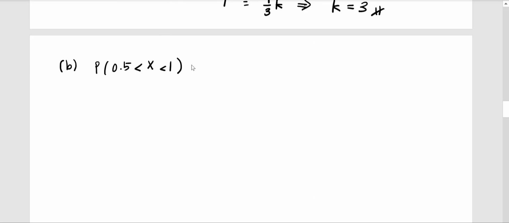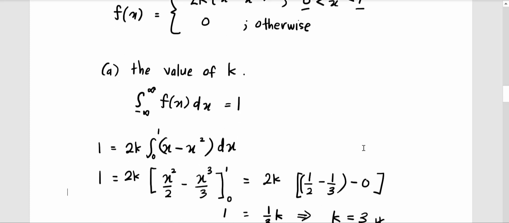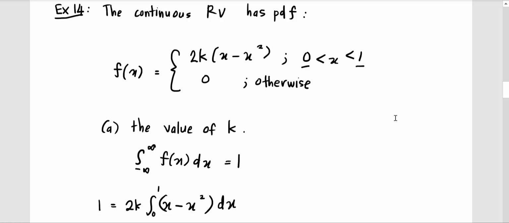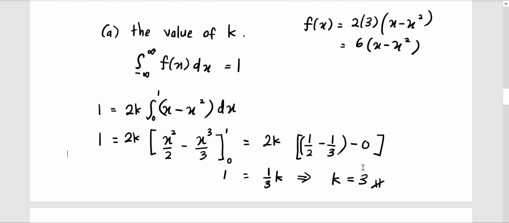For this one, the lower limit is 0.5, the upper limit is 1, and f(x) is the function. We have k equal to 3, so our function is 2k, that means 2 times 3, times x minus x squared, or 6 times x minus x squared. So this is our function.